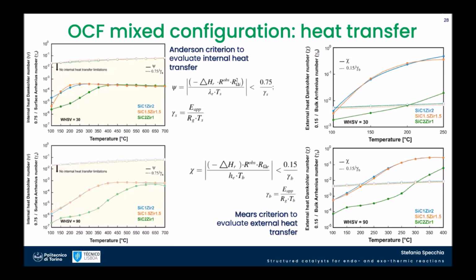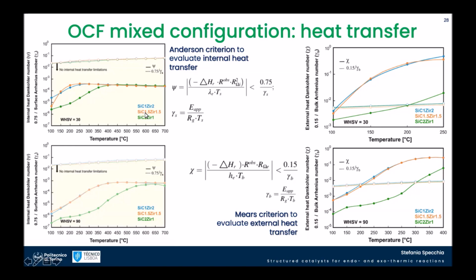We also evaluated the heat transfer by applying the Anderson criterion for the internal heat transfer and the Mears criterion for the external heat transfer. And you can see those are the three different configurations.